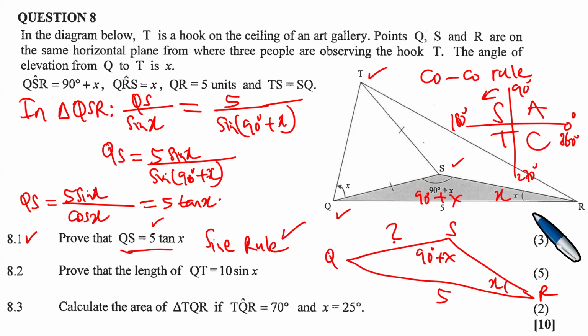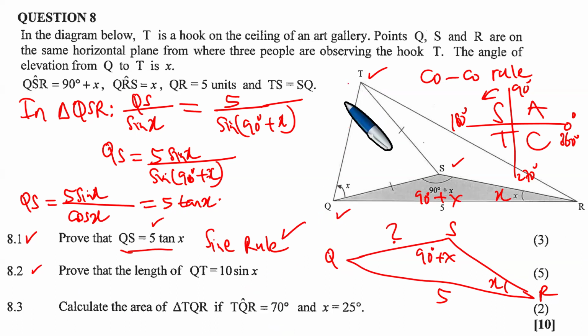Right. So think about this. We move on to the next thing. The next one is 8.2. Prove that the length of QT is 10 sine x.